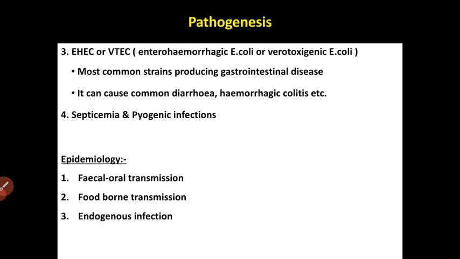Fourth is septicemia and pyogenic infections. Now, what happens in this? Septicemia is caused by E. coli and some other gram-negative bacilli, which originates from infections in the urinary or gastrointestinal tract.